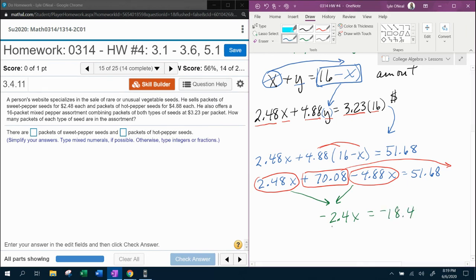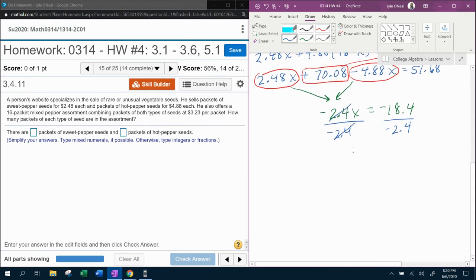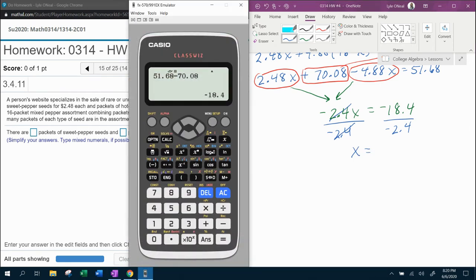Last step, to get x by itself, we need to divide both sides by negative 2.4. And the final answer for x is negative 18.4 divided by negative 2.4.